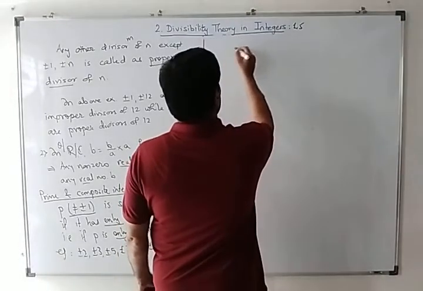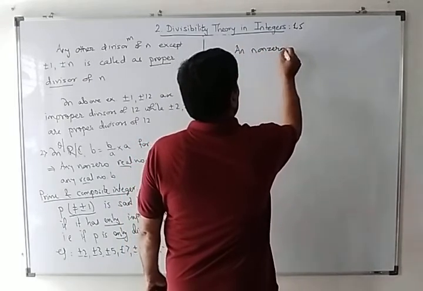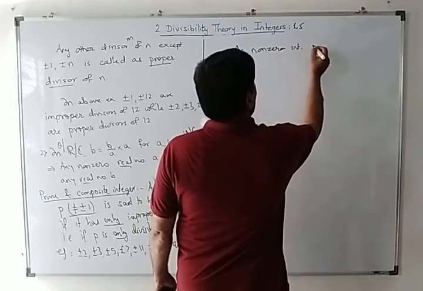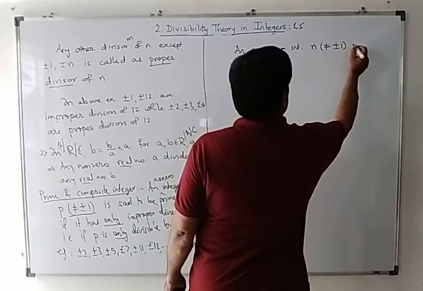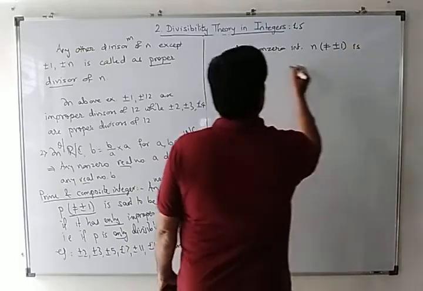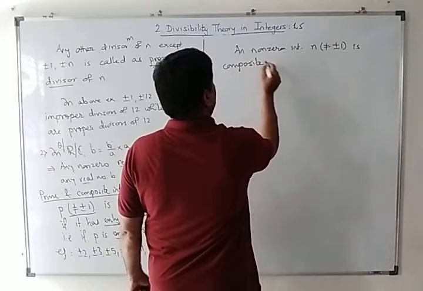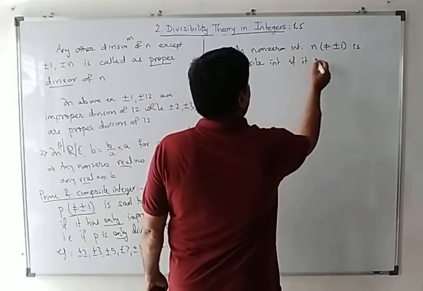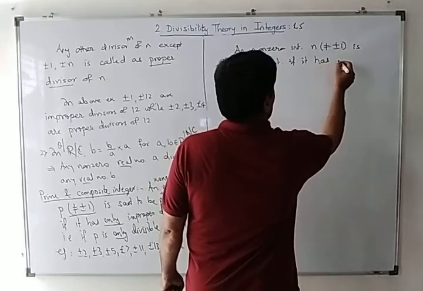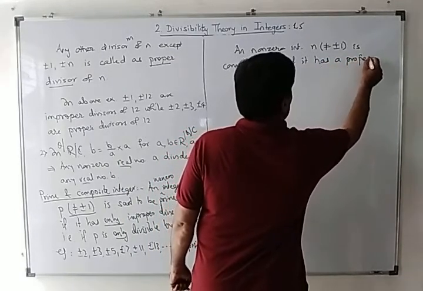An integer, a non-zero integer again, n not equal to plus minus 1 is a composite integer if it has a proper factor, proper divisor.